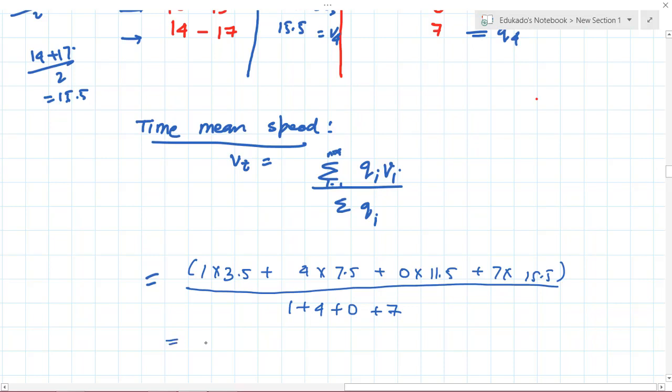If you solve this, you will get the answer as 11.83. So this will be your time mean speed.